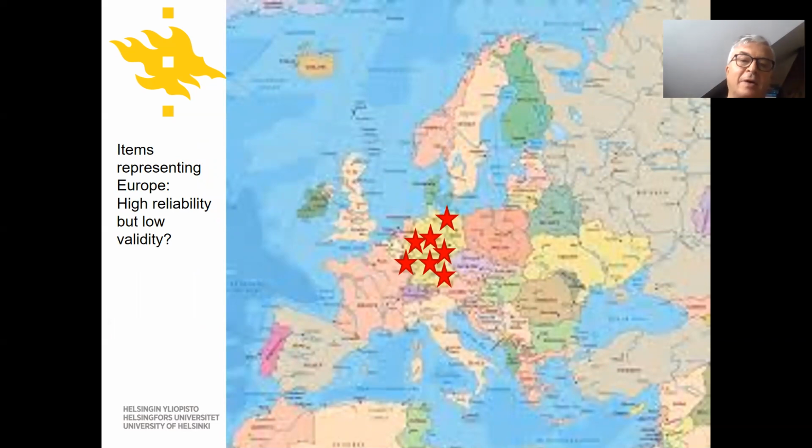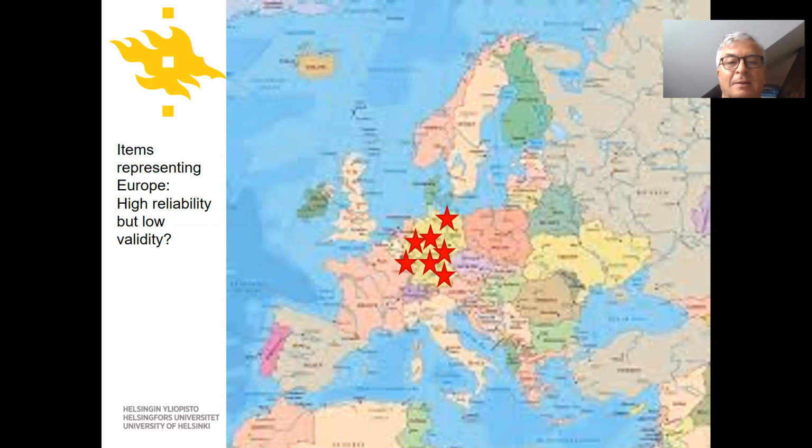Here we have items representing, we are trying to answer questions concerning Europe, and we would like to represent Europe. And here the hits are very close, so we'd say the reliability is high. But then if we want to represent the whole of Europe, we realize that Iceland is out and Finland is out, and actually many other countries are totally out, only Germany is well represented.